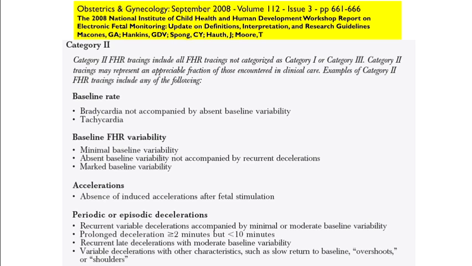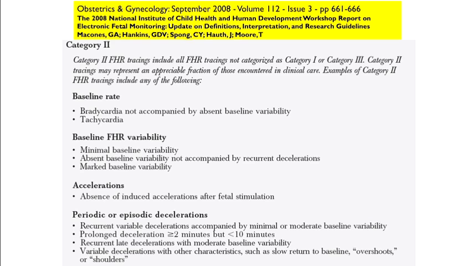As you can imagine, category 2 is a very large category, and depending on where you are and what type of patients you see, between 1/3 to 2/3 of the patients monitored intrapartum will have a category 2. So that's quite a large number of patients. By the way, ACOG provides some examples of category 2, but these are not all the possible findings that belong to category 2.